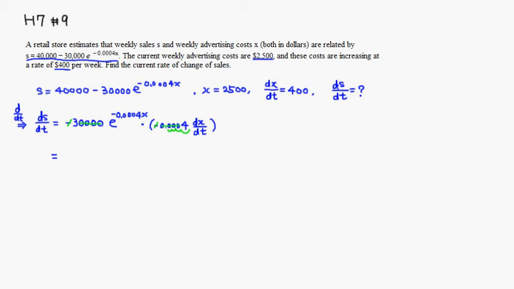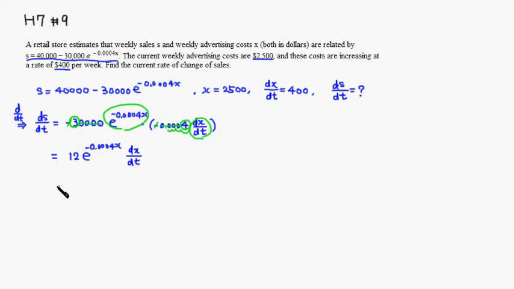We have 4 times 3, so that's 12. That takes care of that, and then you have e to the negative 0.0004x, and the only thing left is dx over dt.